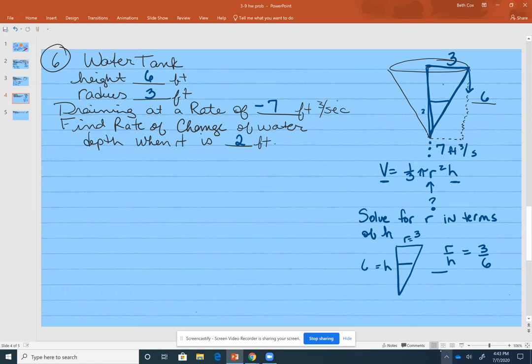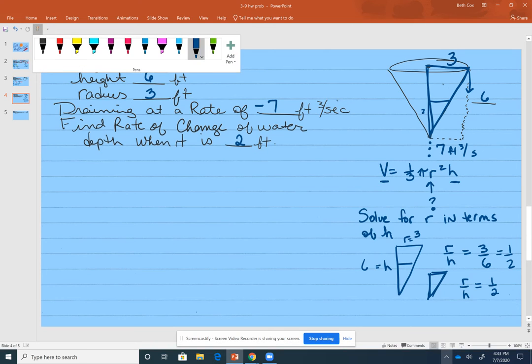We have a smaller triangle for R and H, and R over H is still going to be this 1/2 ratio. So no matter what R and H are, they're still in a ratio of 1:2, all the way down, no matter where it is.